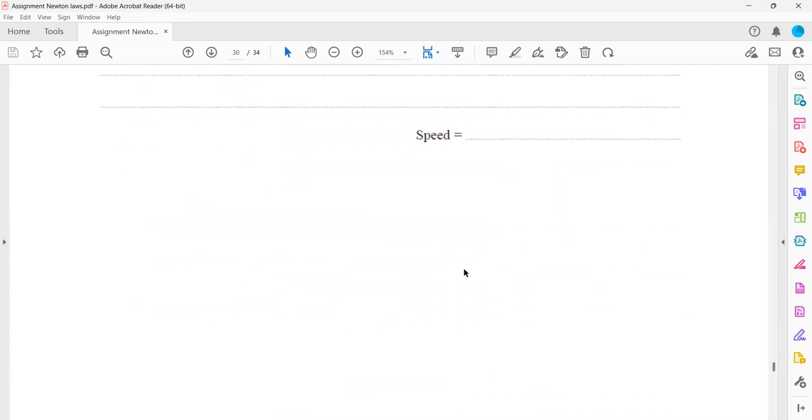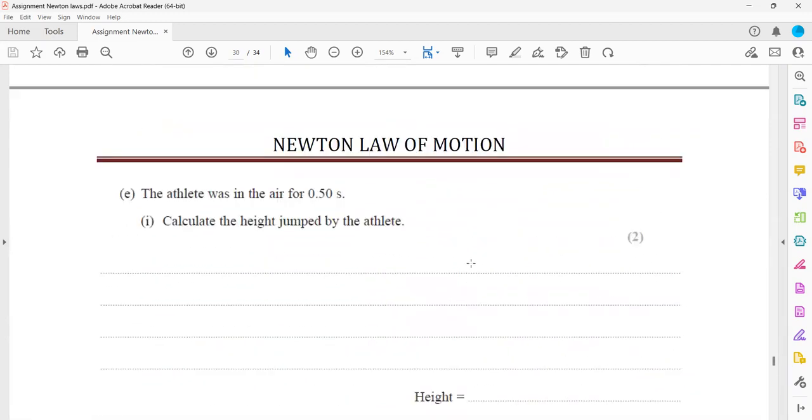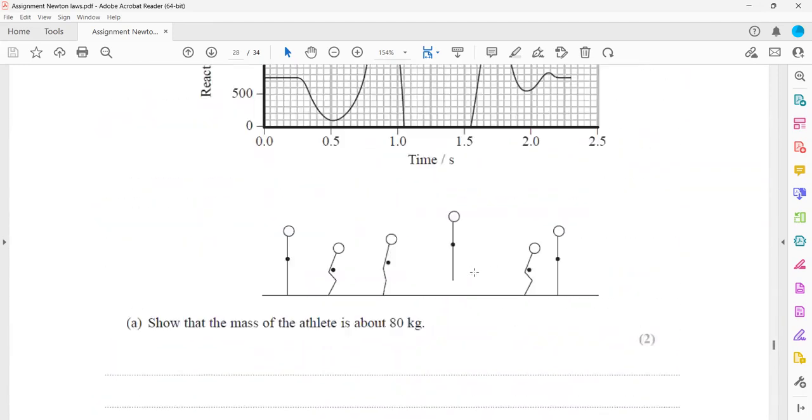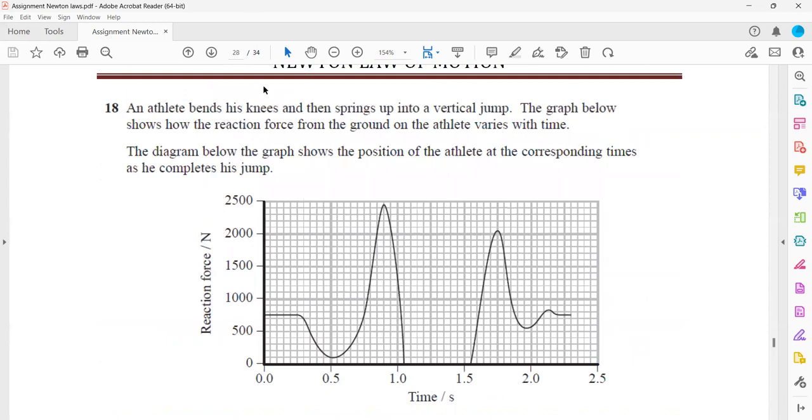Okay, page 30 is actually related to the whole question starting at page 28. An athlete, as you can see, is there. The athlete bends his knees and then springs up into a vertical jump.